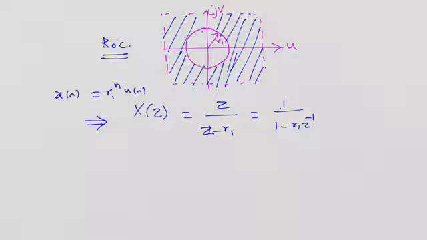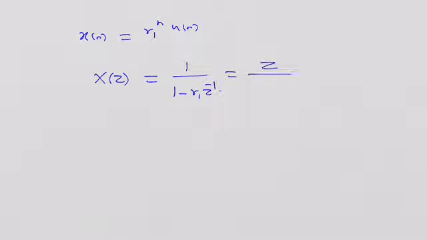So please recall, if x of n is equal to r1 power n u of n, then its corresponding X of z is equal to 1 divided by 1 minus r1 z power minus 1, or the same one is rewritten as z divided by z minus r1, with ROC r1 z power minus 1 is less than 1, or you should say that modulus of z is greater than modulus of r1.